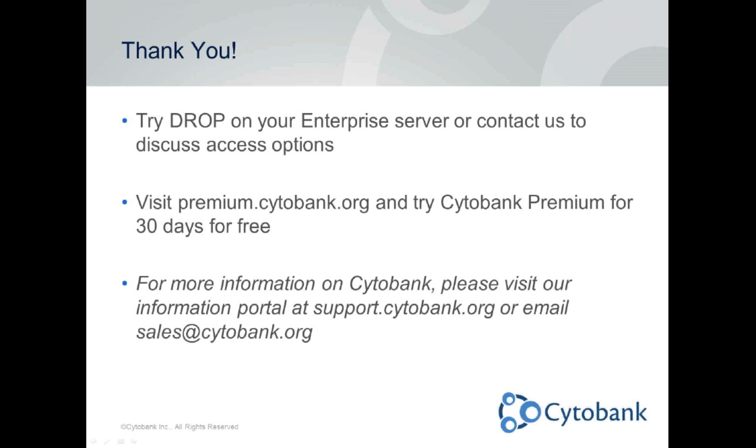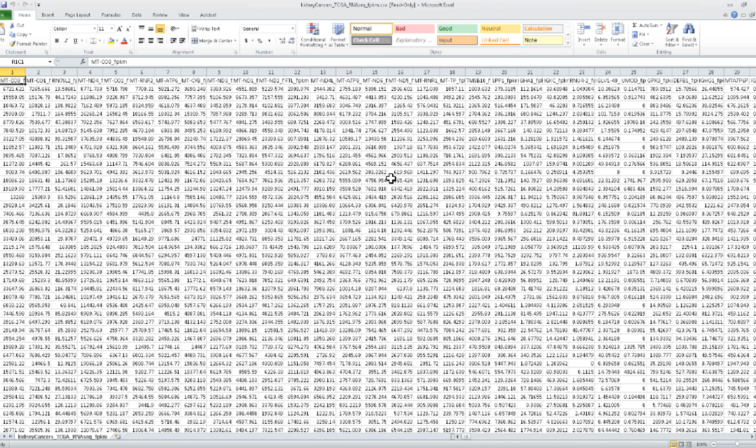So can column A and B be gene ensemble and gene ID? That's actually a good question. I'll hop into the actual data table to show you what the TCGA data looks like. In Cytobank, when you upload a spreadsheet, you can choose which cell is the beginning of your data section, of your numbers.